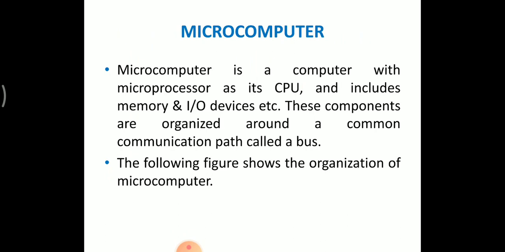At first we discuss what is microcomputer. Microcomputer is a computer with microprocessor as its CPU, Central Processing Unit, and includes memory and input output devices, etc. These components are organized around a common communication path called a bus.